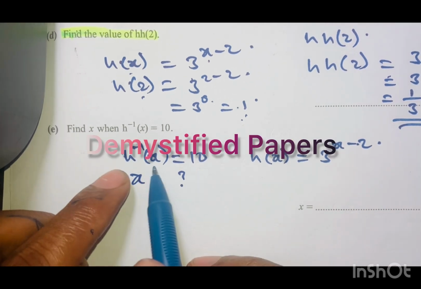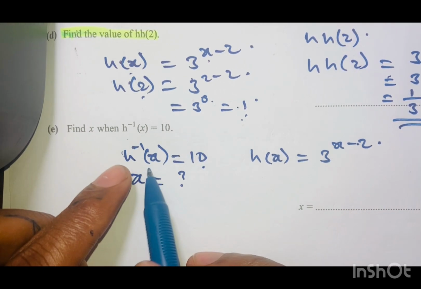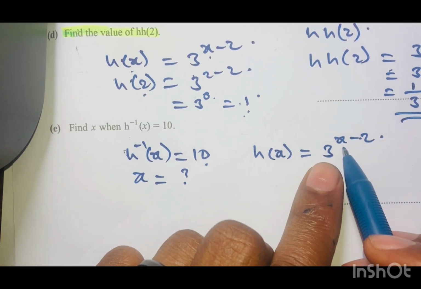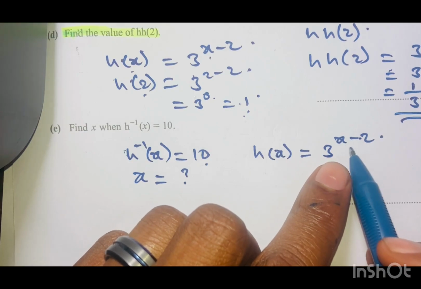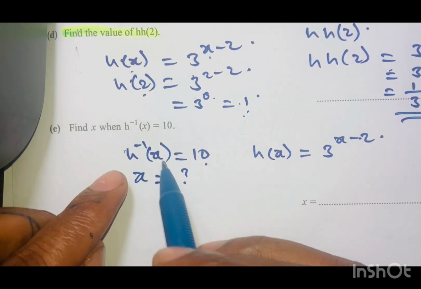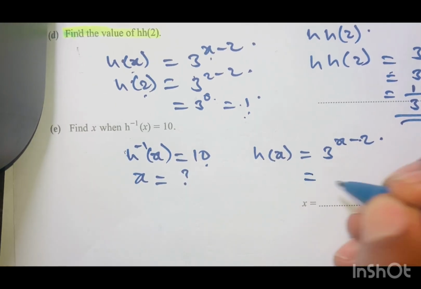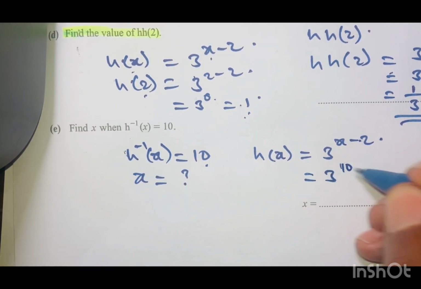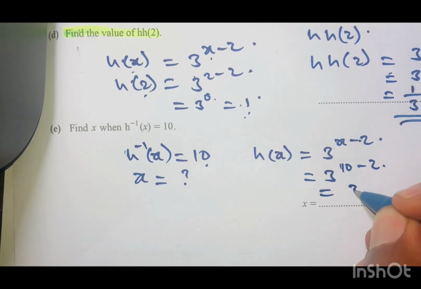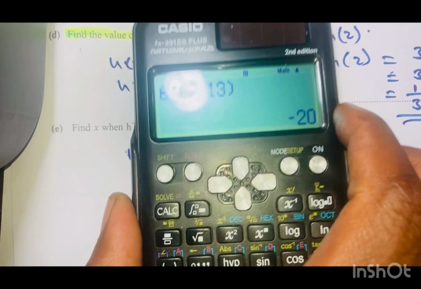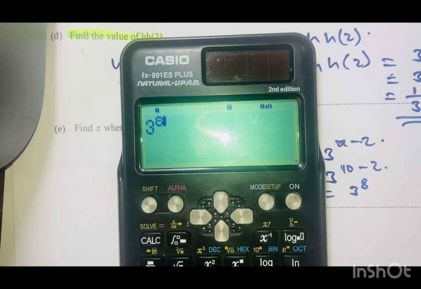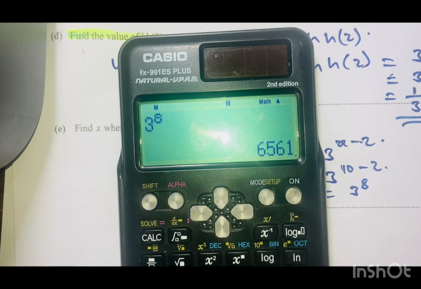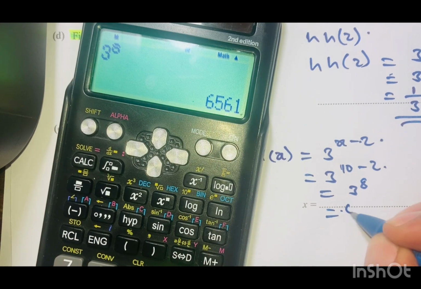If h inverse of x is equal to 10, it means I can substitute for this inverse here. So it will become 3 to the power of 10 minus 2, which is 3 to the power of 8. Then according to the calculator, 3 to the power of 8 will give me 6,561. So this is equivalent to 6,561. All right, that's fine.